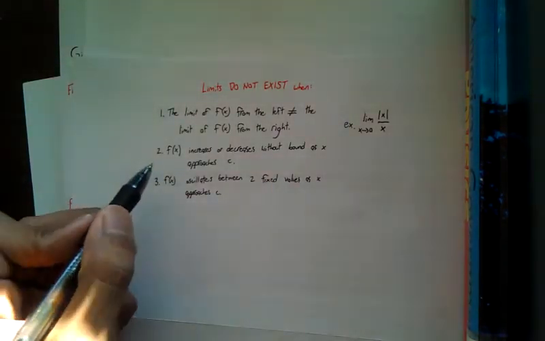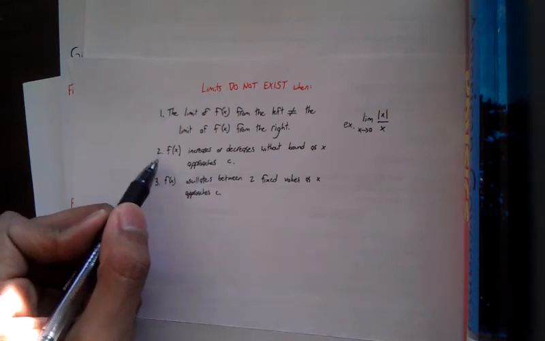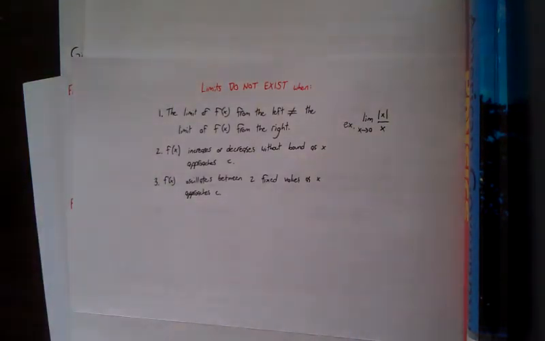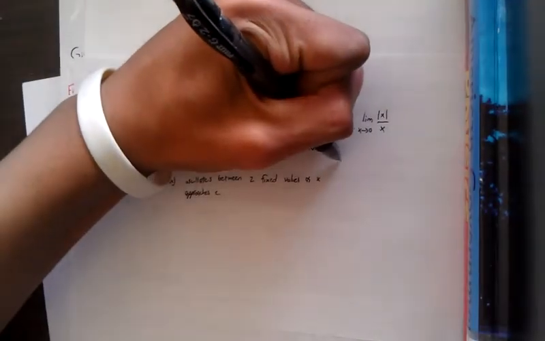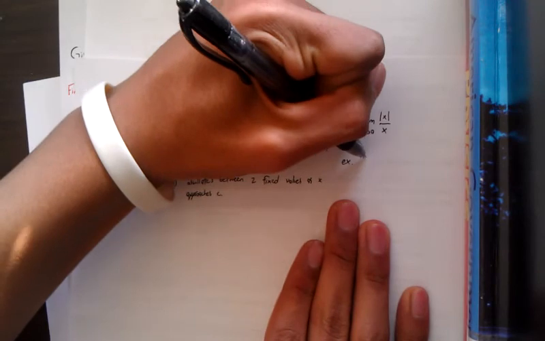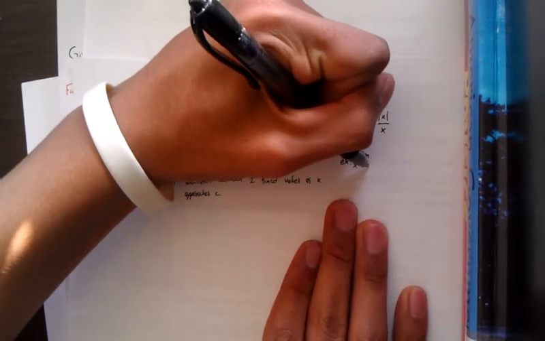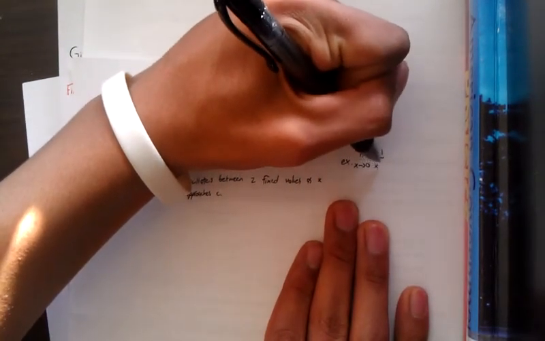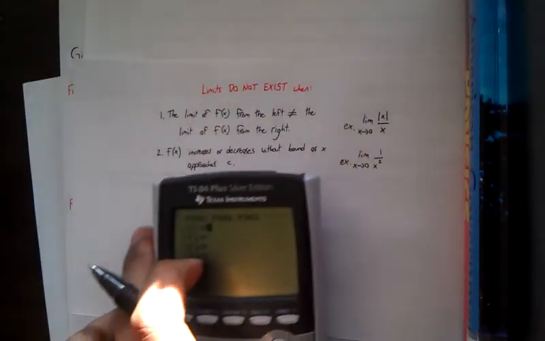The second circumstance when the limit does not exist is when the function increases or decreases without bound. That means the function is approaching either positive infinity, negative infinity, or maybe even both. An example of that graph would be the limit as x approaches 0 of 1 over x squared.